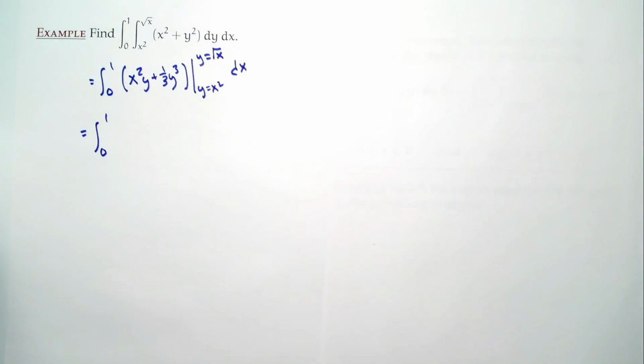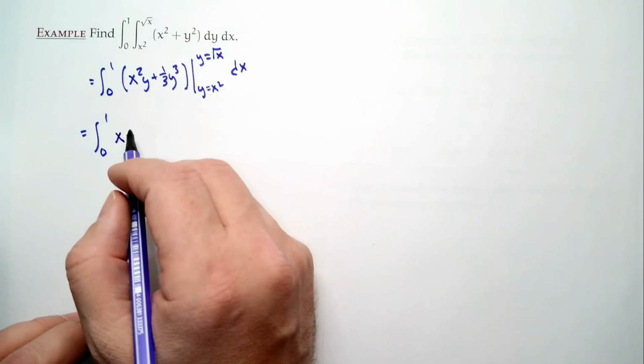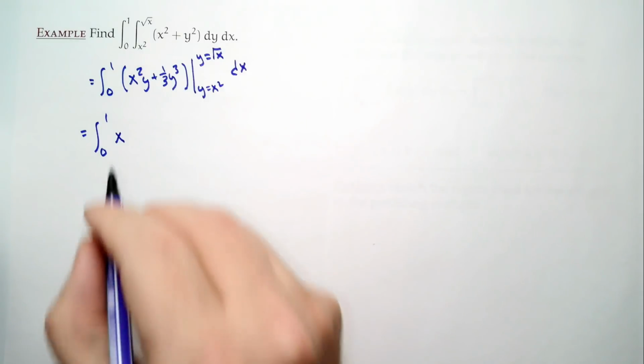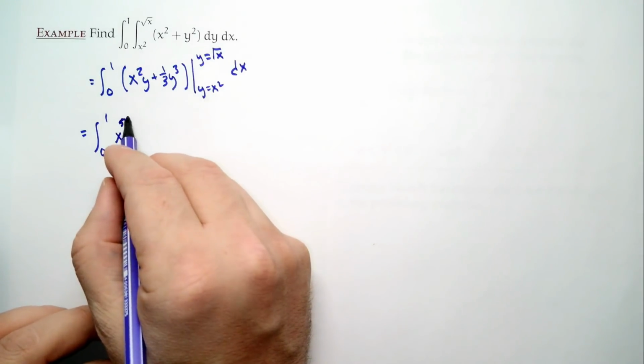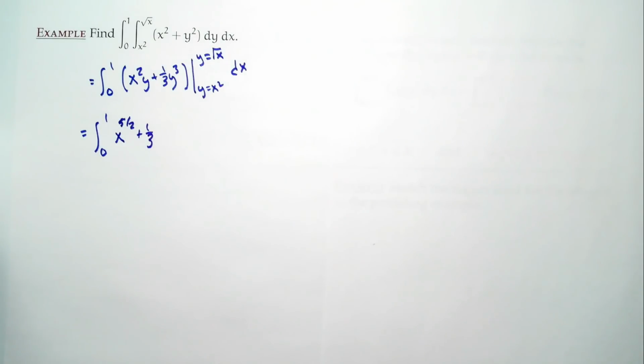What will that become? So you can add the powers. So x squared times square root of x is like x to the 1/2. So 2 plus a half is 5/2. Okay, so x to the 5/2 plus 1/3 square root of x cubed, which we can write as x to the 3/2.